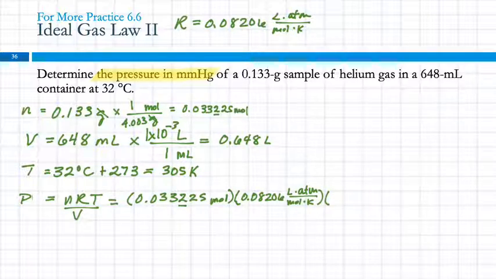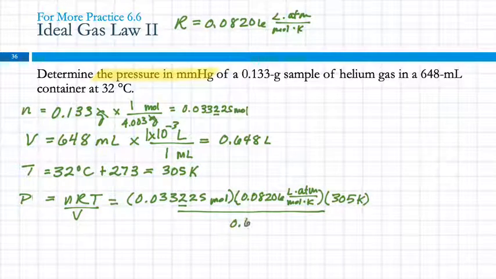And temperature 305 Kelvin divided by the volume 0.648 liters. I'm going to make sure the units are okay. Moles cancel, Kelvins cancel, liters cancel. I'm left with atmospheres, which is not the unit that they asked me for. But I can do that. I can fix that up later.